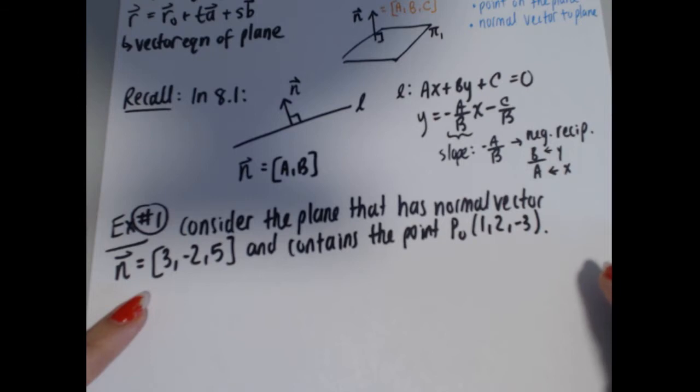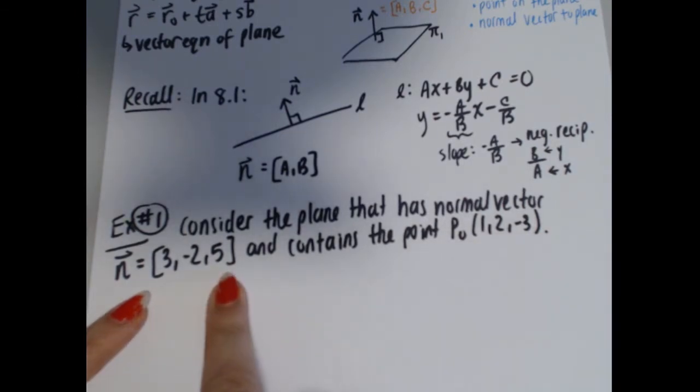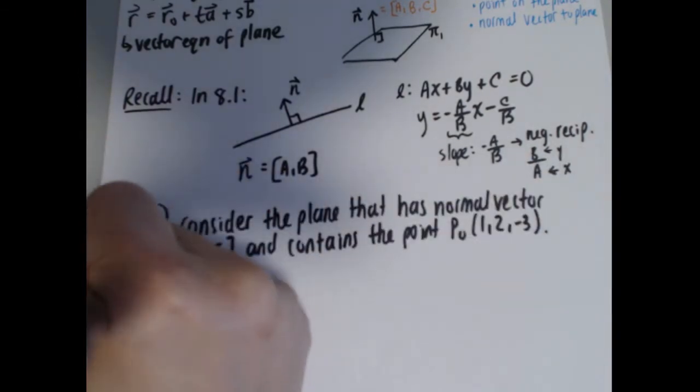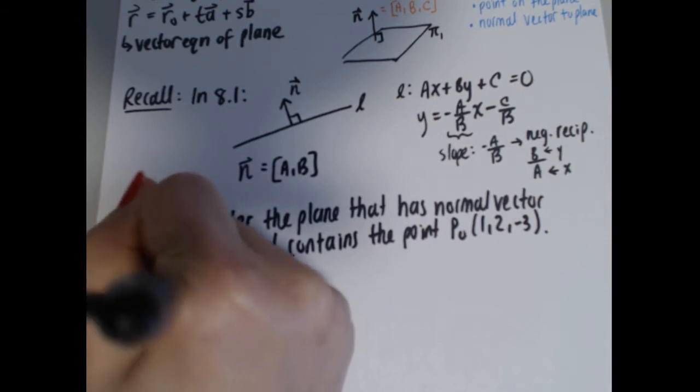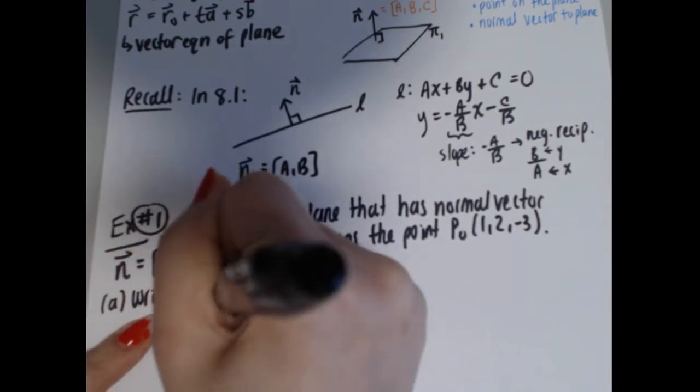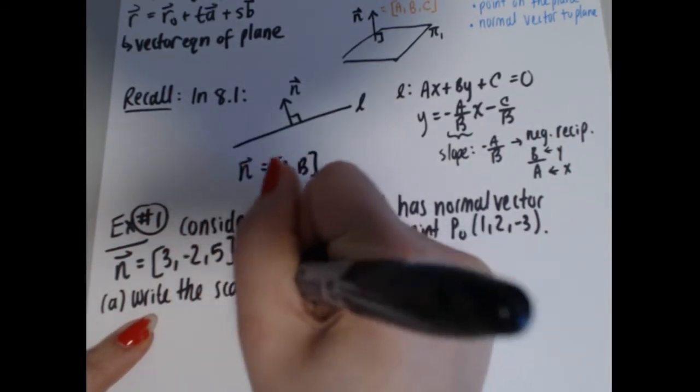Remember, points are given by round brackets, vectors are given by square brackets. Okay, part A, write the scalar equation of the plane.